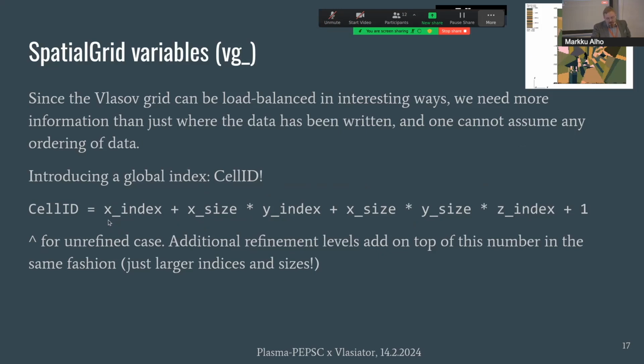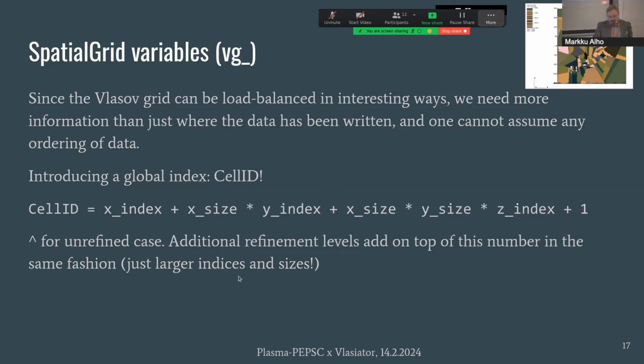Or well, with some metadata, so that you need to know the size of the base grid, the lowest resolution grid. So you have how many cells in each direction, and then you calculate an ordering based on that at one refinement level. And if you want to describe a cell that is at a higher refinement level, then you just add on top of this number the corresponding size of this refined grid if it were on the whole domain.